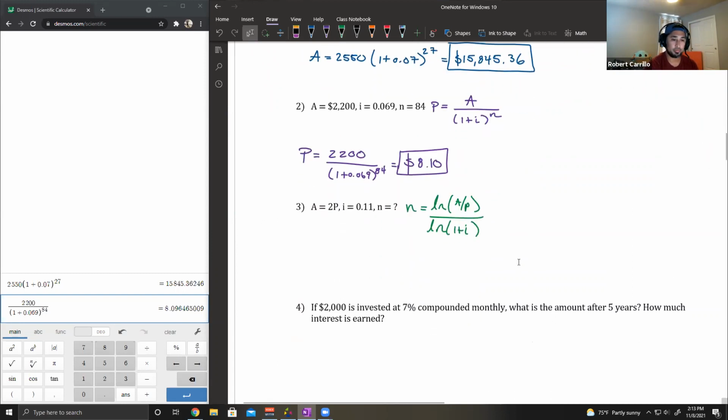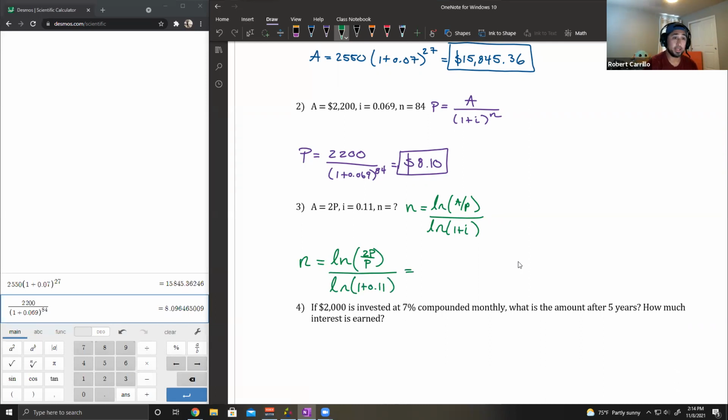Plugging in what they're giving us, A is equal to 2P, so we get the natural log of 2P over P over the natural log of 1 plus 0.11.